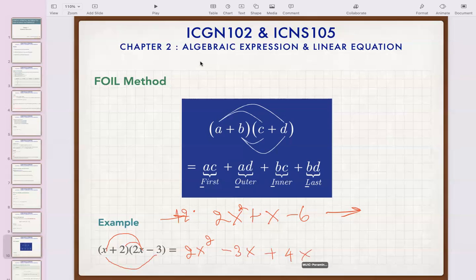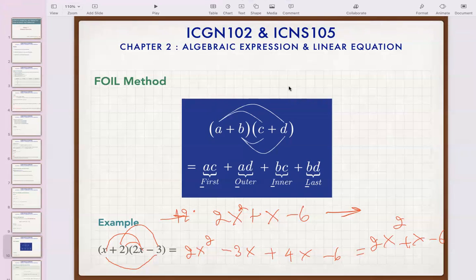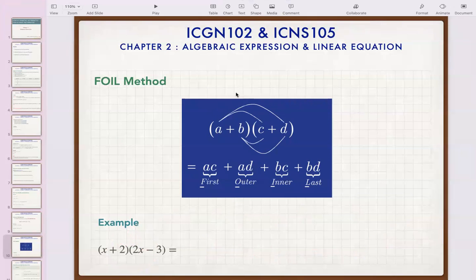Plus last, minus 6. So in here you get 2x squared plus x minus 6 by using the FOIL method. Okay, so before I move on to the next slide, do you have any questions about the FOIL method that we use? Okay, if you don't have any questions, let's move on to the next slide.